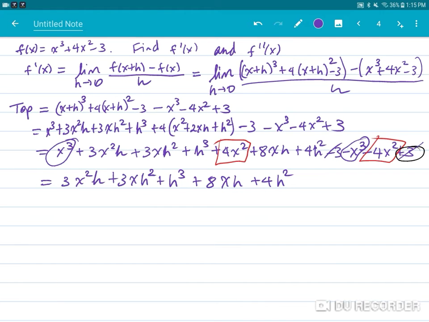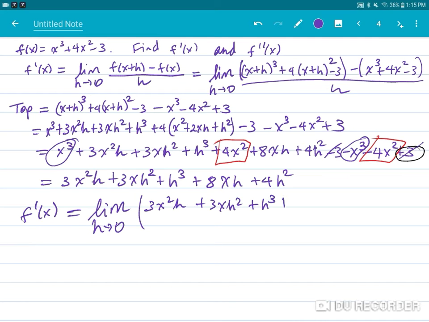I'll put that in for the top in the difference quotient. So f prime of x becomes the limit of 3x squared h, 3xh squared, h cubed, 8xh, 4h squared, divided by h.